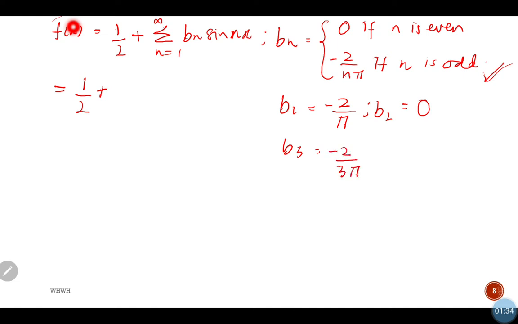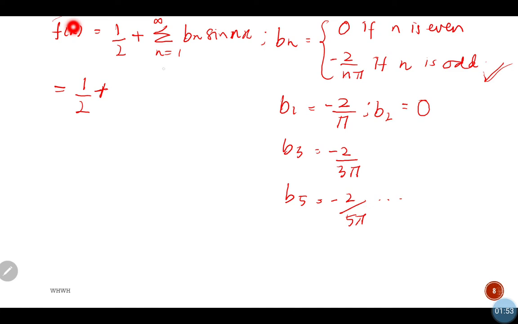And b4, kosong tak tulis lah. And b5, you're gonna have negative 2 over 5 pi, and so on and so forth. So maknanya kat sini kita akan dapat kita punya answer kat sini 1 over 2.